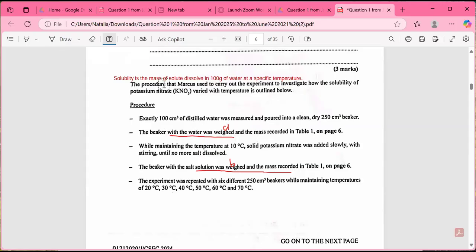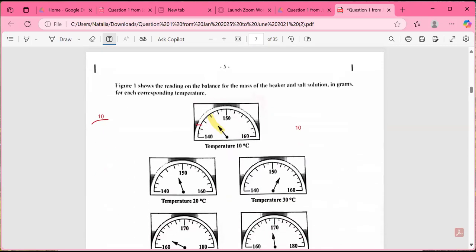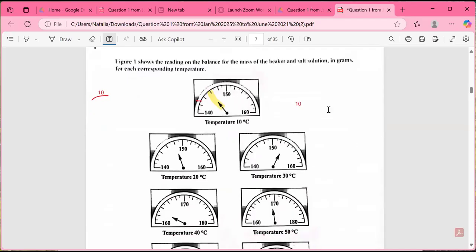I do not need to calculate the solubility. Whatever mass of solute dissolves, that is the solubility. Just saying it again.